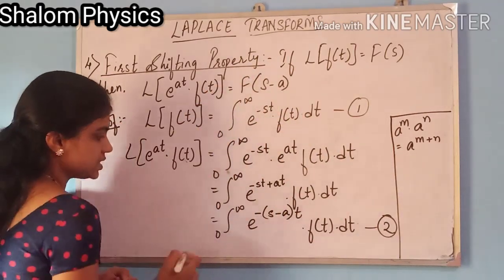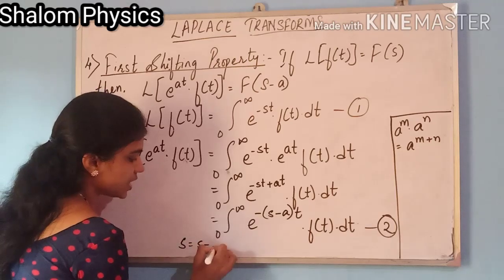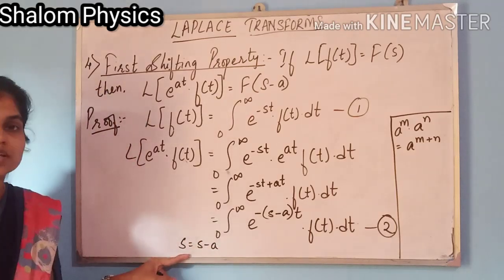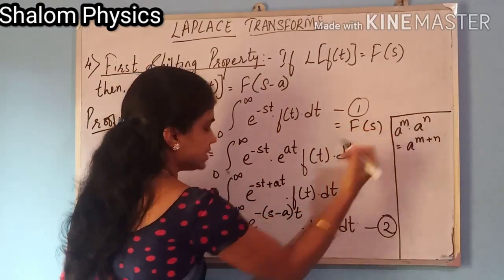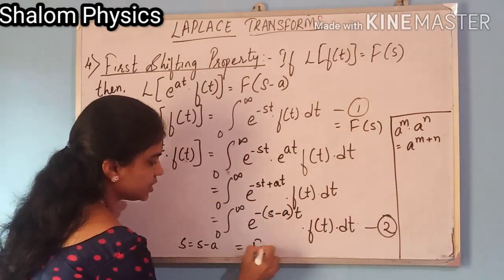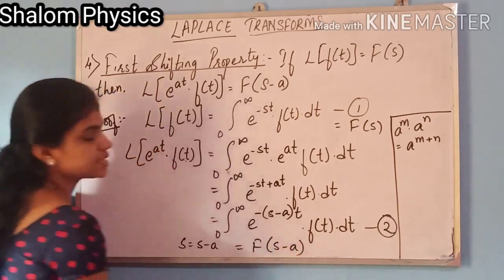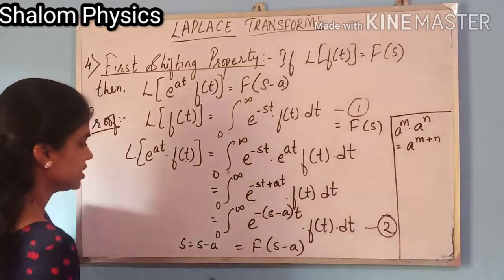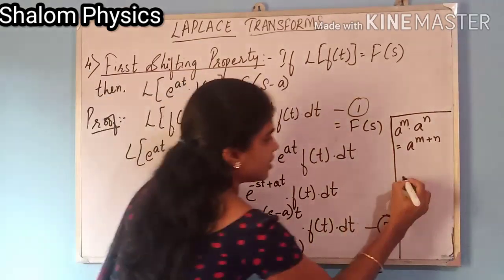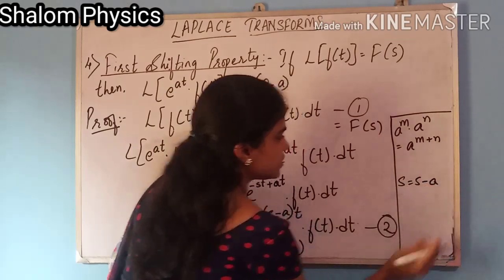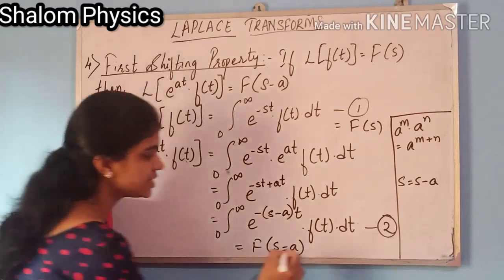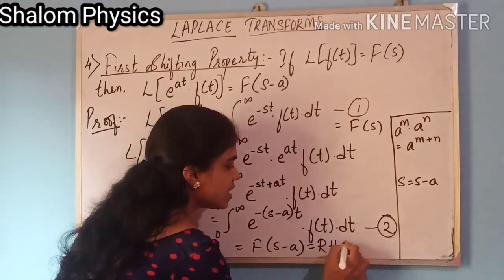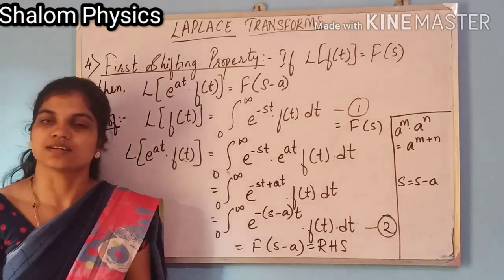So that means s is equal to s minus a, right? So if this is equal to f of s, then this will be equal to f of s minus a, and this is the RHS. Isn't it very simple?